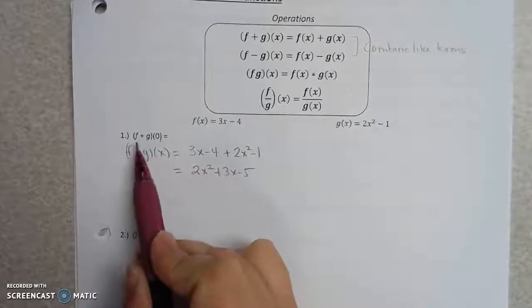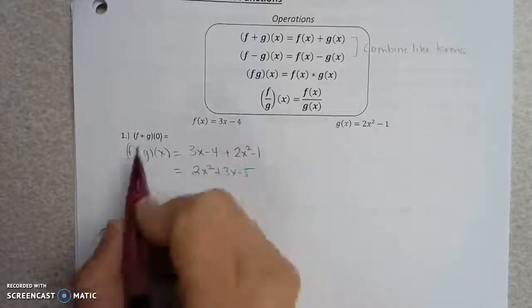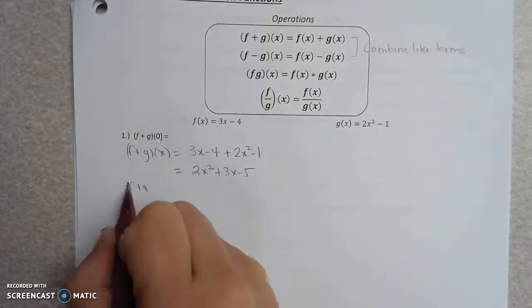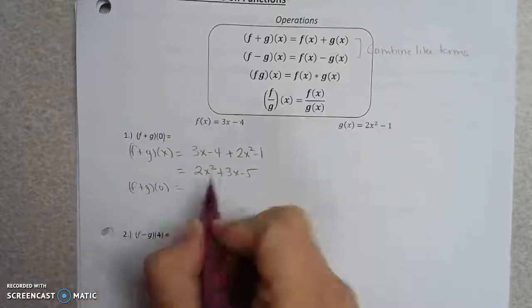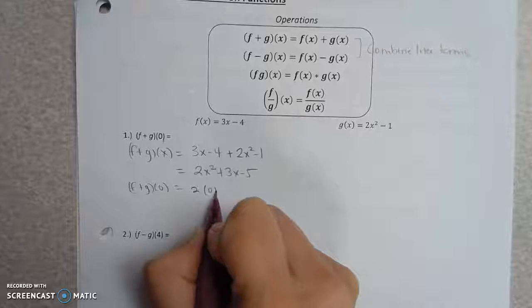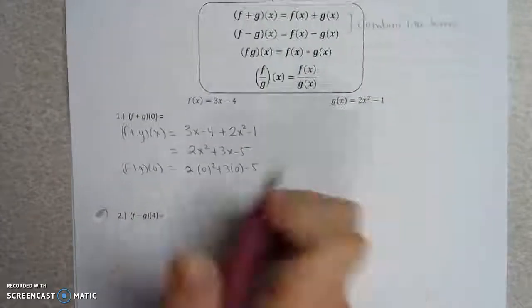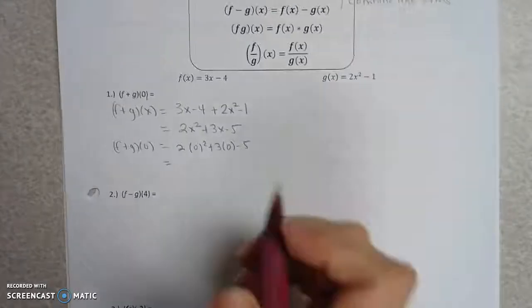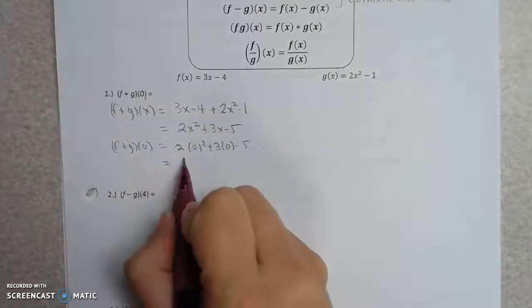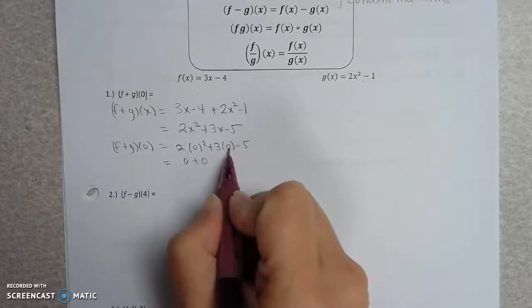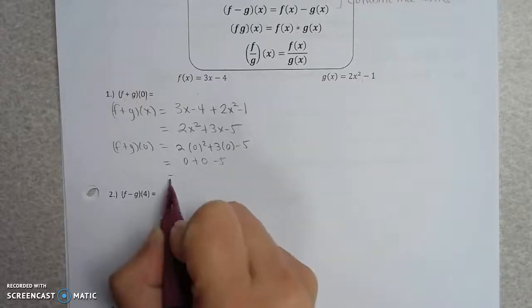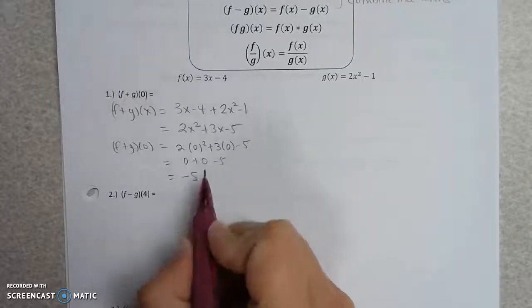What he wants to know is what is (f plus g)(0). So now I'm going to take 0 and fill it in everywhere there's an x in this new function f plus g. Then 0 squared is 0 times 2 is 0, plus 3 times 0 is 0, minus 5, gives me a value of negative 5.